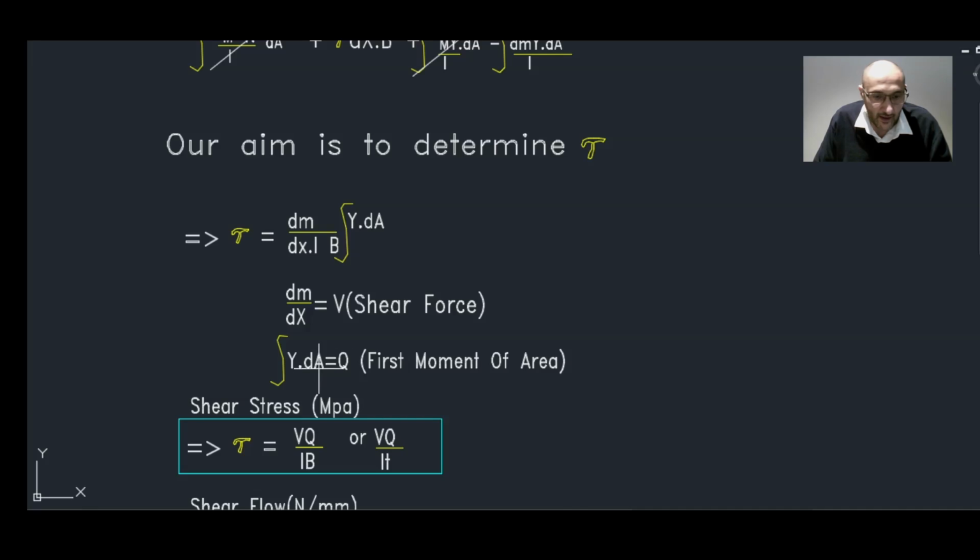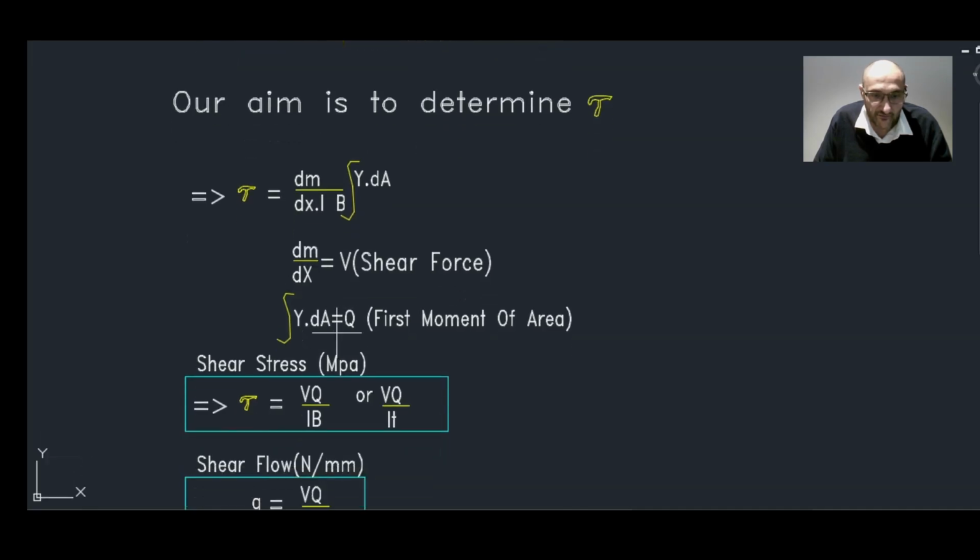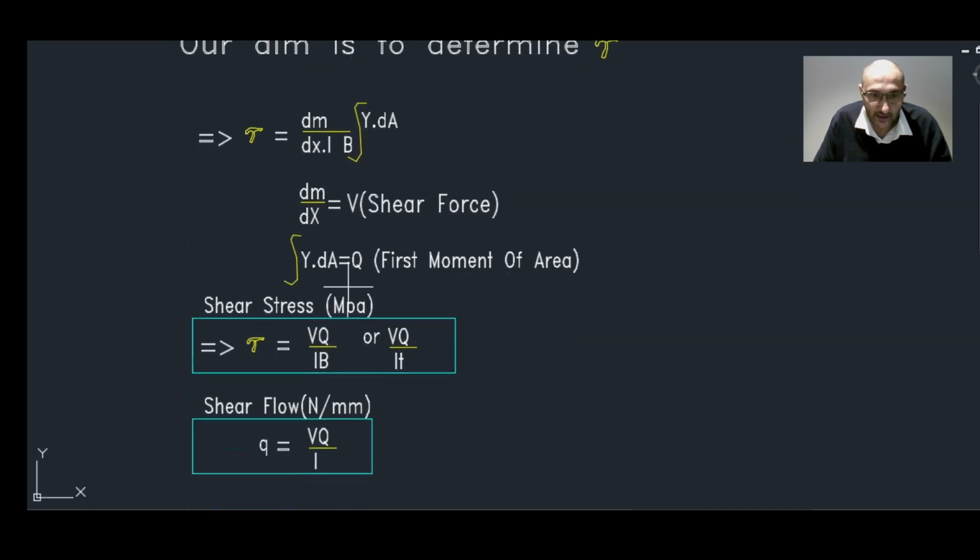Replacing V and Q in the formula above, we get the shear stress tau equal to VQ over Ib, or in some textbooks VQ over It, where t and b are the width of the section where we are interested in calculating the shear stress.